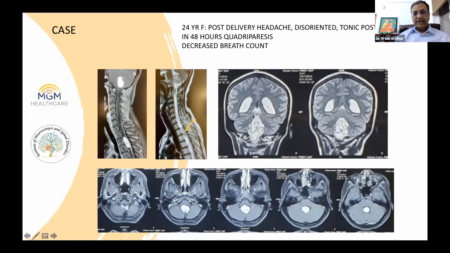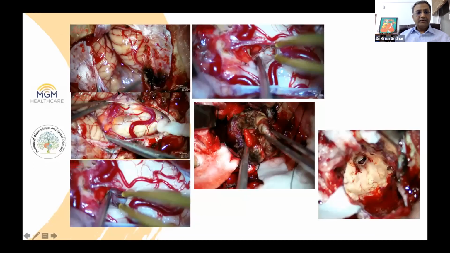But this was the lesion which was creating the most problem in the posterior fossa, and therefore we operated on this lesion. So this was a standard posterior fossa midline approach, going down up to C1. And you can see the bulging cervicomedullary junction with the syrinx and cyst here.